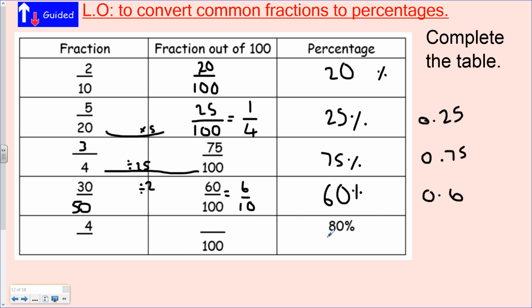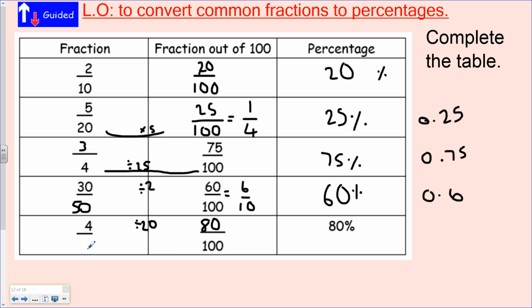So if this is 80%, we know that means it's 80 out of 100. Okay, we go 80 out of 100. To get from 80 to 4, we have to divide by 20, and we know that because it's connective thinking. If you cover up that 0, 8 divided by 4 is 2, and then put your 0 back on, times it by 10 is 20.